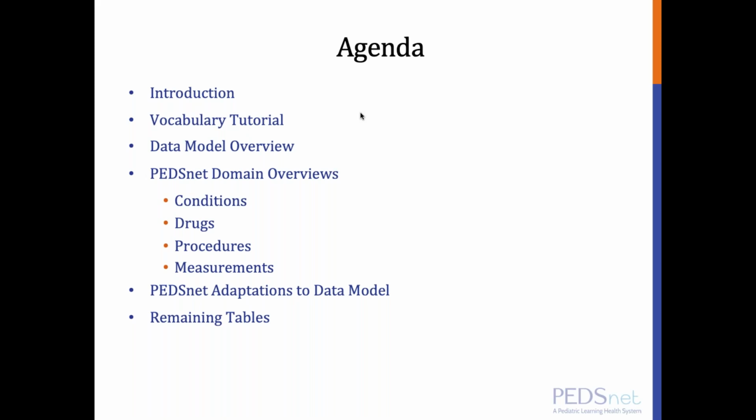As the folks on the call who have been involved with the ETL for the network know well, we use a data model that is both semi-denormalized to focus on representation of common clinical concepts and has strong terminology harmonization so that we can level out some of the differences in the ways a given concept may be represented in different places. We'll talk through some of the key domains of that data model and how the way the data are represented goes into trying to get at particular kinds of information and some of the additions that PEDSnet has made.